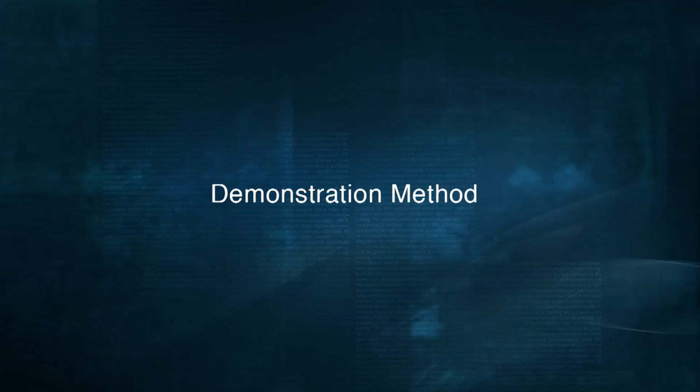Next is a very important method, demonstration method. A demonstration involves showing, doing, or telling the students the point of emphasis. It is mostly used as a technique within a method of teaching and at times as a method of teaching itself.